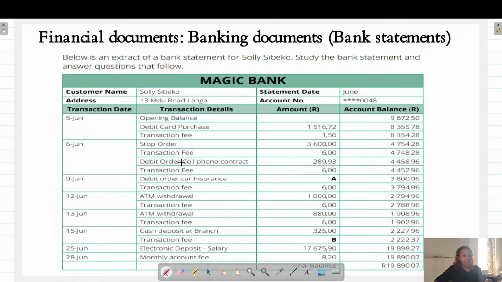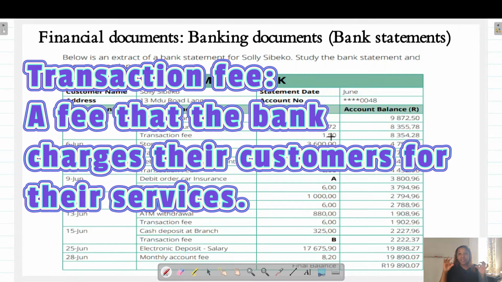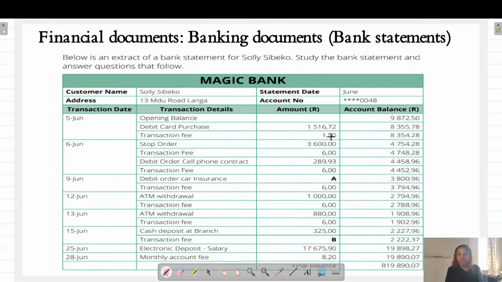Here we see that after that card purchase, a transaction fee was charged to Mr. Solly Sibugo's bank account, and that transaction fee was 1 rand and 50 cents. What is a transaction fee? A transaction fee is a fee that the bank charges you, the account holder, for making use of their services. In this case, Mr. Solly Sibugo is making use of Magic Bank services because he is banking with them.